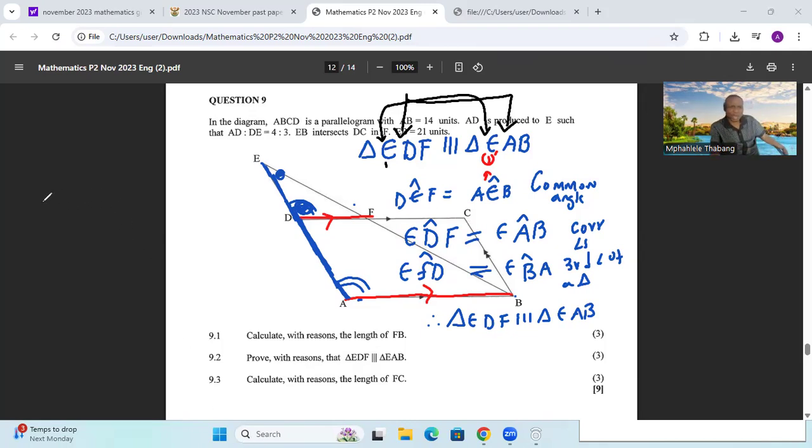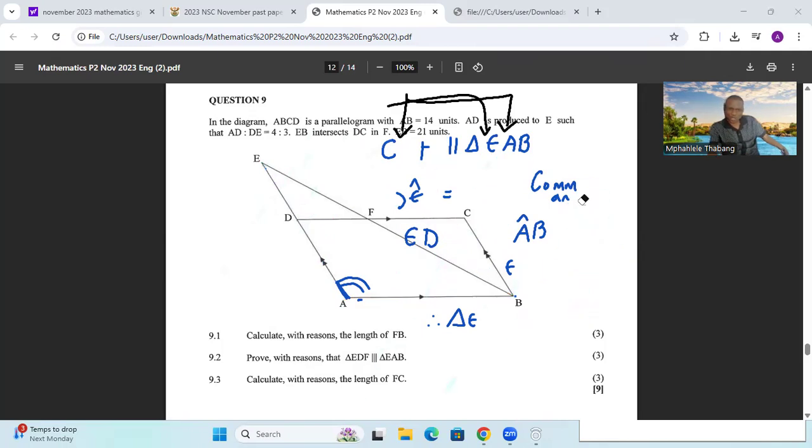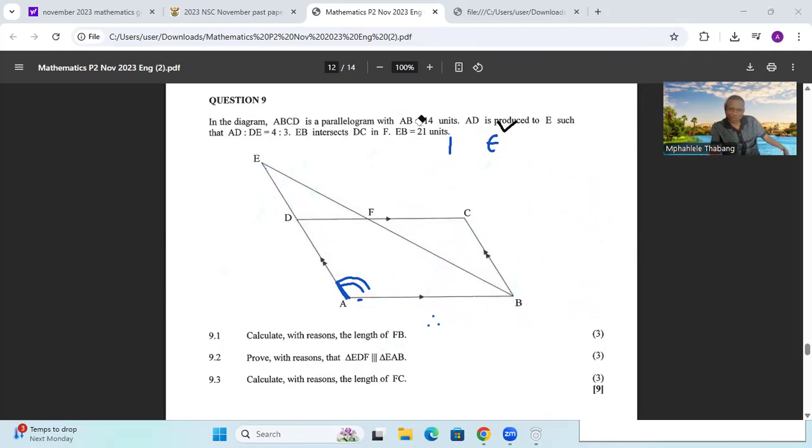So guys, I'm going to summarize this for the last time. If we ask you to show, let's say something like this, prove that the triangle EPQ is similar to, maybe let's say, ERM.